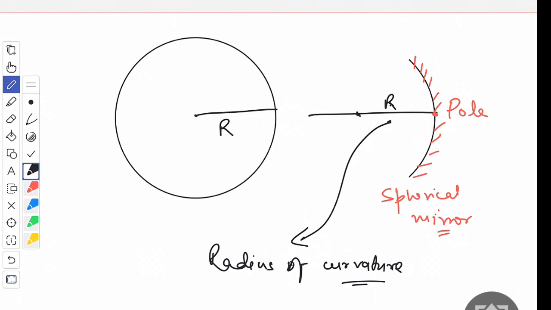Another thing, this line which is touching the pole, and it is perpendicular at this particular point. If I were to draw a tangent at the pole, this line is at 90 degrees to this tangent, and this line is called the principal axis.